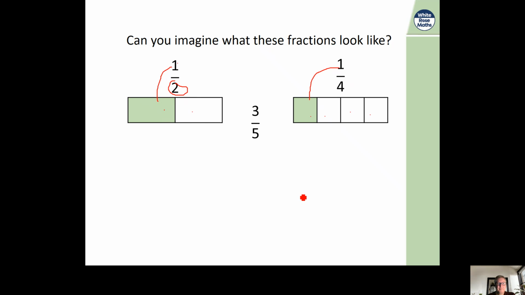3/5. Have a think. So what's the bar going to be divided into? 5. So the denominator is telling us that the bar is divided into 5.